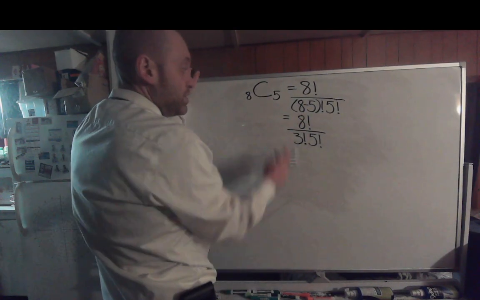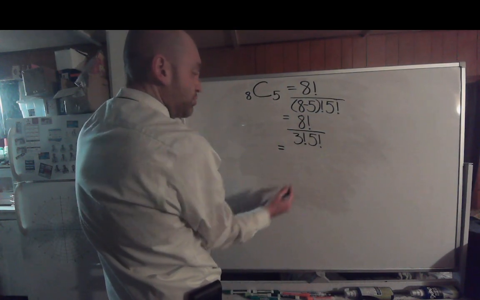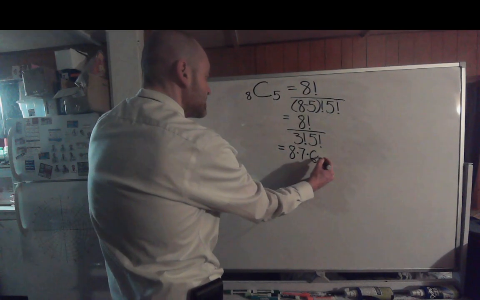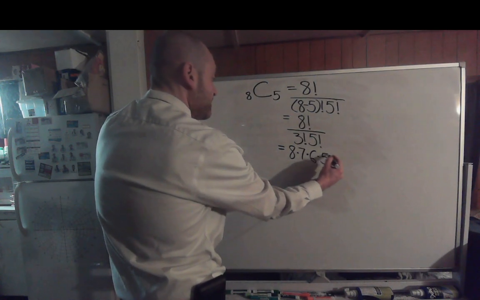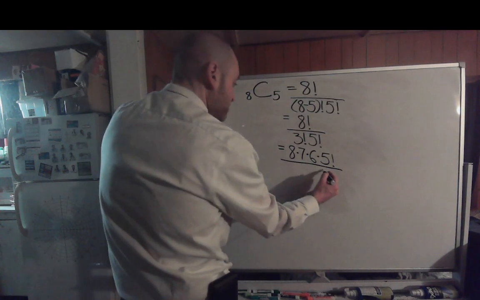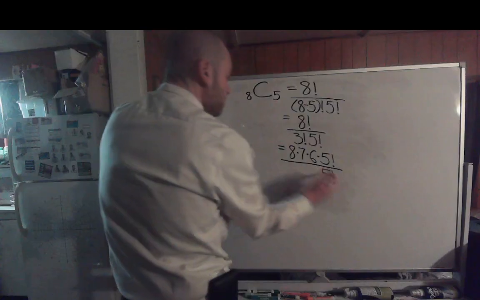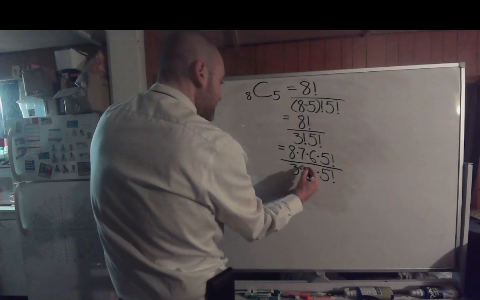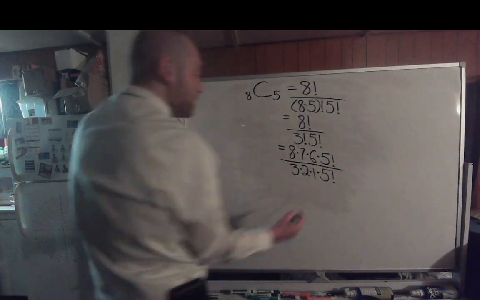Well, now in the numerator, that 8 factorial can break down into 8 times 7 times 6 times 5 factorial. All that divided by, I still have my 5 factorial here, but my 3 factorial will break down into 3 times 2 times 1.